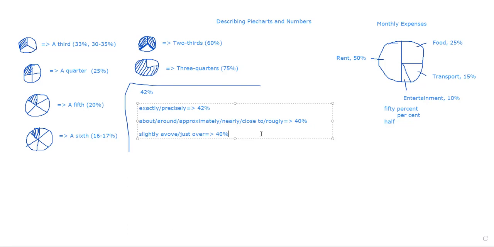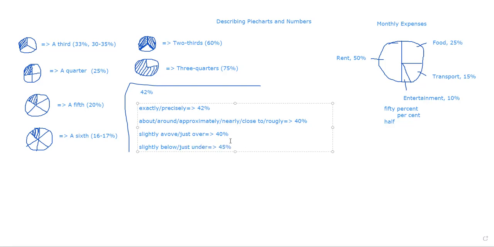And lastly, if you take a round figure that is more than the original number, for example, the round figure you have taken is maybe 40%, 45%. So in this case the round figure you have taken is more than the original number, right? So now you can simply say slightly below or just under.